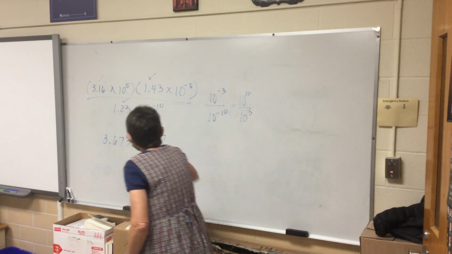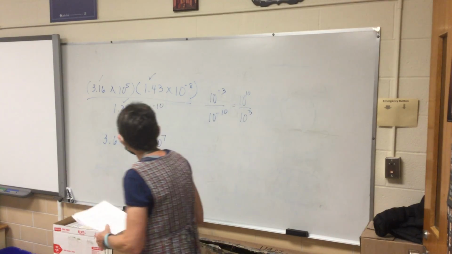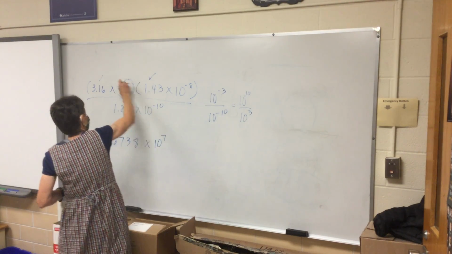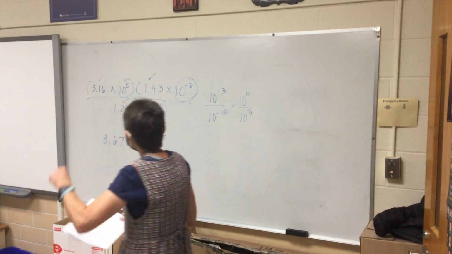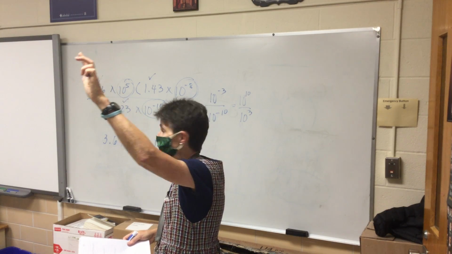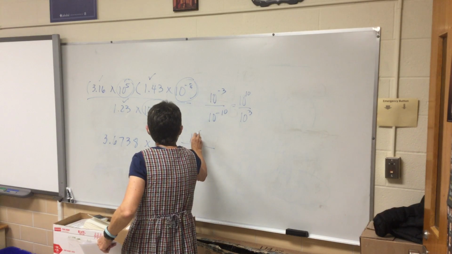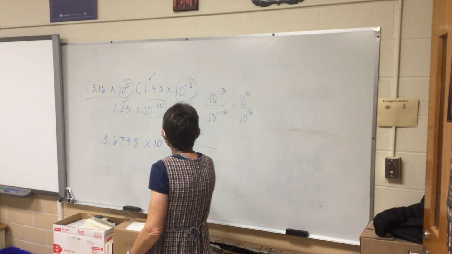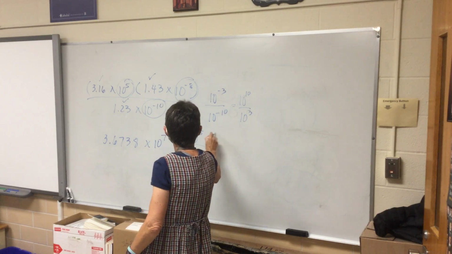Perfect. So one more time, let's go through the 10 part. Looking just at the 10s. So we have 5 of them. So if we look at it like a fraction, we have 5 of them on the top, 8 of them on the bottom, and 10 of them on the top.